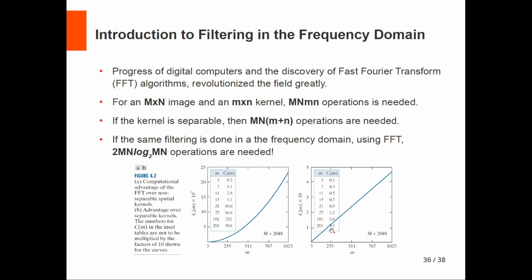That means that doing this procedure in the frequency domain is 9 times faster than in the spatial domain. Of course, for kernels of a smaller size, you don't get that much advantage. For example, if the kernel size is 11 by 11, doing it in the Fourier domain is actually more expensive because the computational advantage is less than 1.